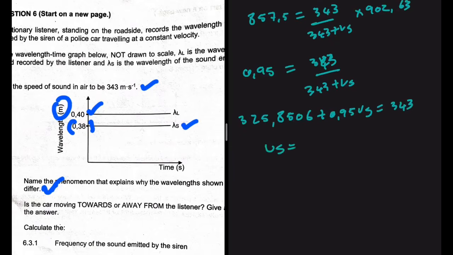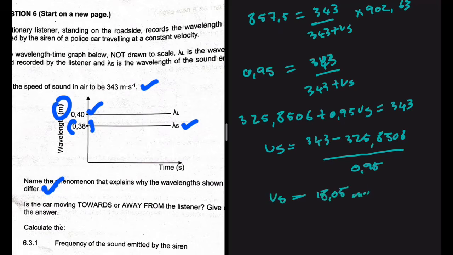So Vs is going to be equal to 343 minus 325.8506, everything divided by 0.95, the coefficient of Vs. Let me put that in my calculator and see what I get. I'm getting 18.05. So Vs is 18.05 meters per second. There we go. That is question 6.